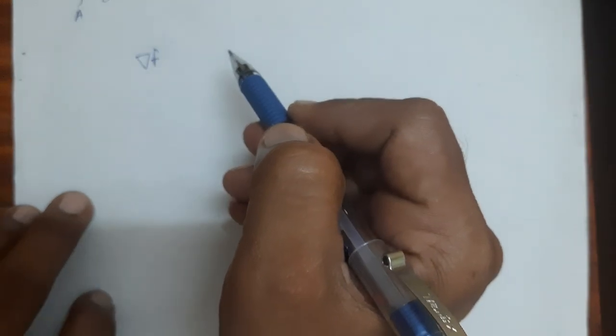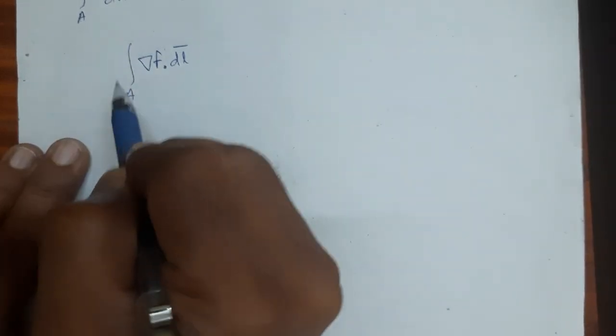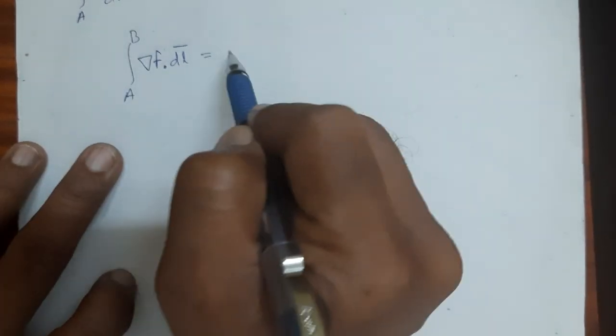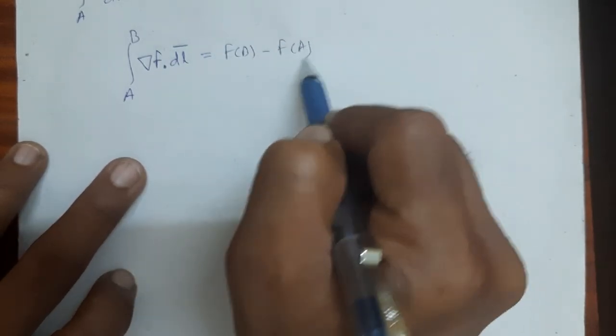We are aware of the vector derivative, it is the gradient of f, and instead of the integration over x only, now there is a possibility of change in x, y and z, all 3 coordinates, and therefore I will have to integrate over dl, which is a vector term. Therefore here I will have to consider a dot, and then integrate from a to b, and again this is nothing but f at b minus f at a.